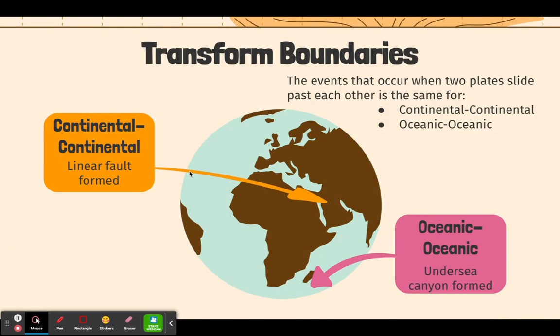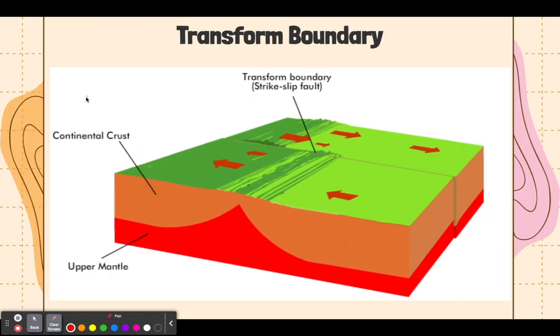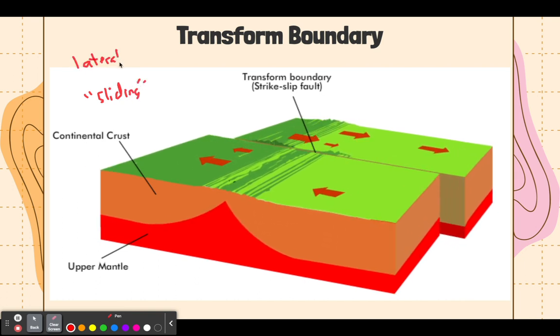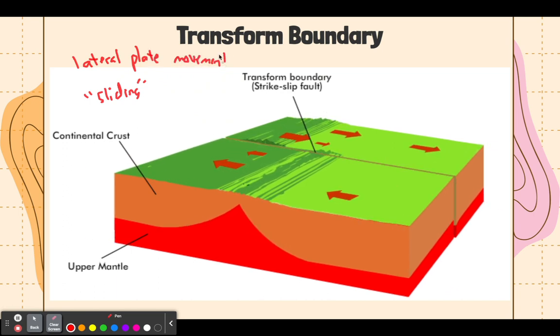Let's talk about transform boundaries. There's continental, continental, oceanic, oceanic. These are relatively the same no matter what. We can call this process sliding past each other or lateral plate movement. Pretty much what you will get is a fault line. That's one of the features.